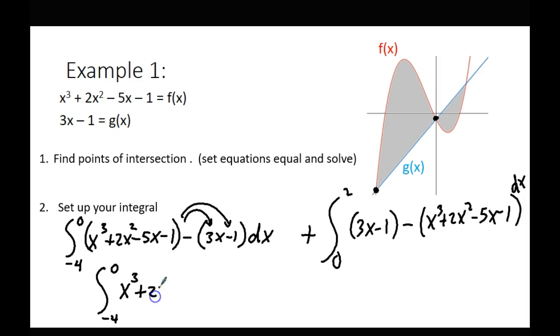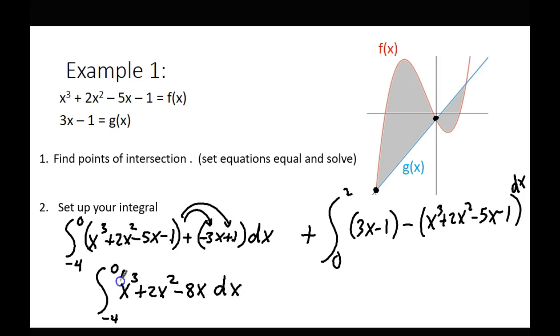Same thing with the 2x squared. But this negative 5x is going to combine with this 3x. And remember, it becomes a negative 3x once we distribute. So negative 5 and negative 3 makes negative 8x. And then the negative 1 will combine with this 1 over here, which after we distribute will become a plus 1, and they just cancel each other out.